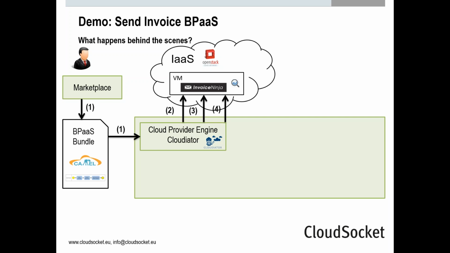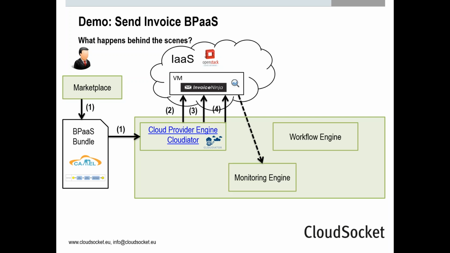For this BPaaS bundle, it is defined that the CPU usage and the memory usage of the virtual machine are monitored. This is now automatically configured by the cloud provider engine, and the respective monitoring agent will report the monitoring data to the monitoring engine, where the monitoring data can be accessed, processed, and used for further actions like adaptations and so on.